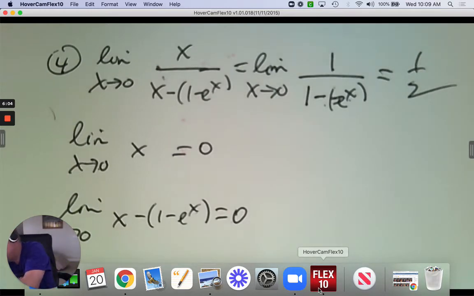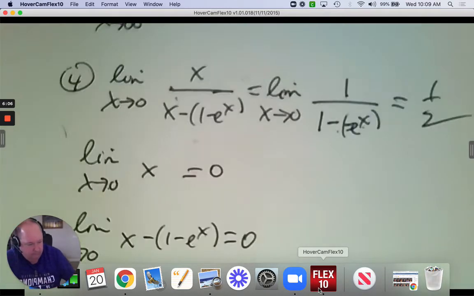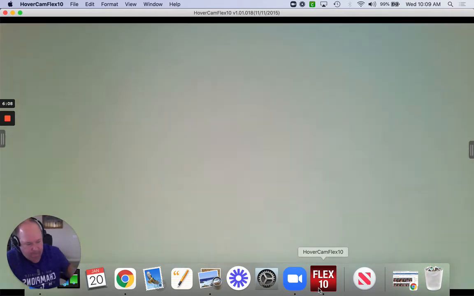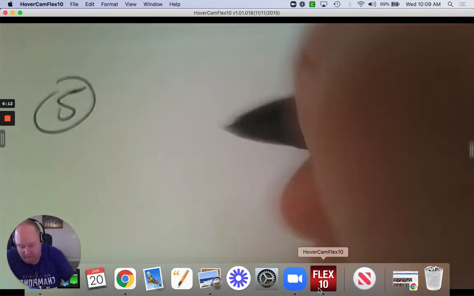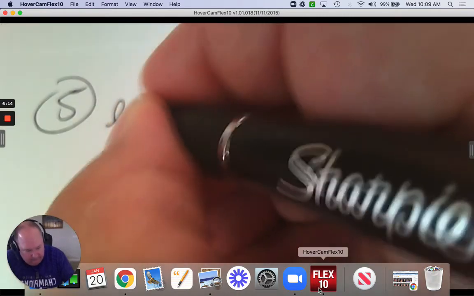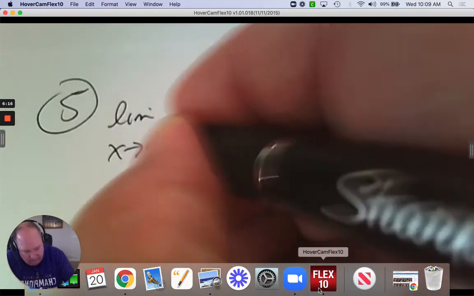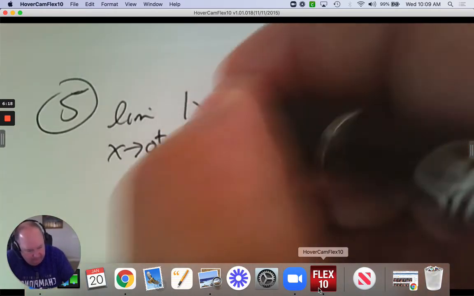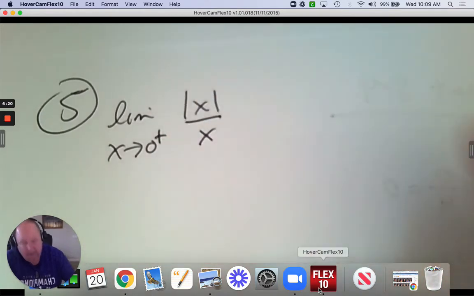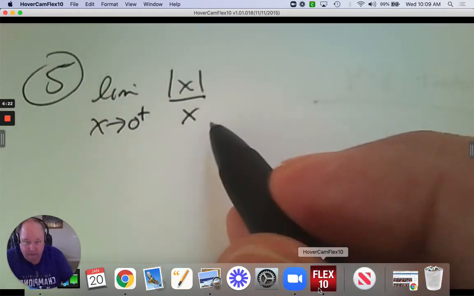Number 5. In question number 5, the limit as x approaches 0 from the right. So here's a limit situation.